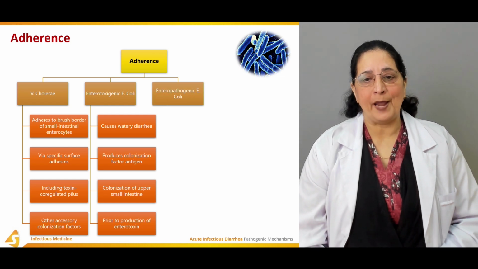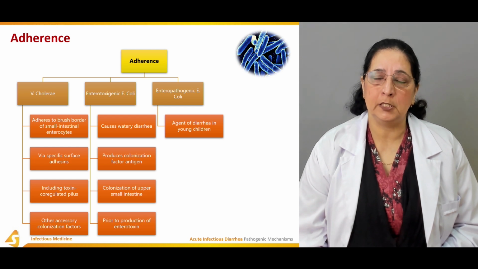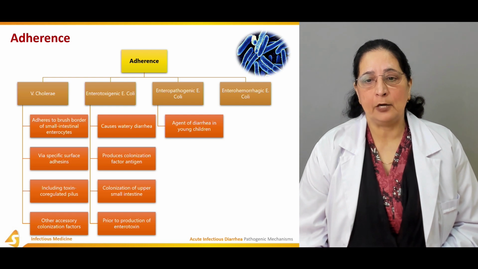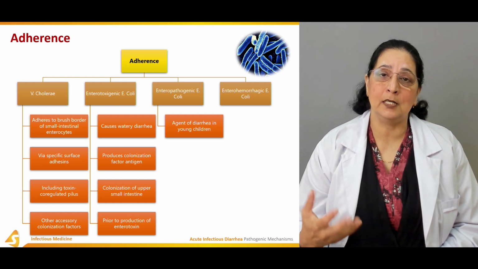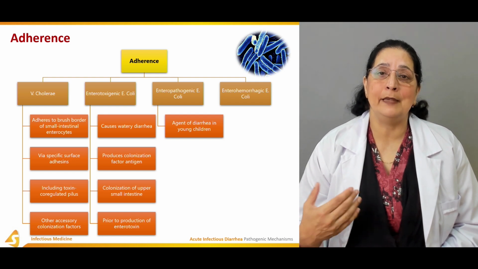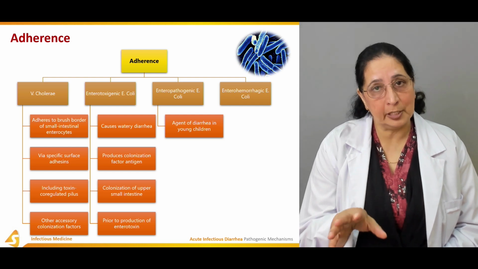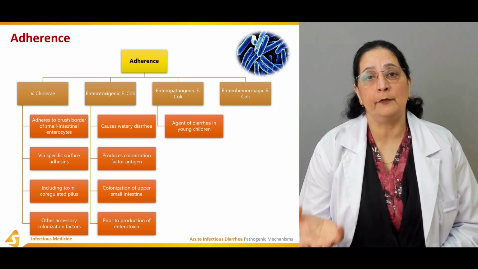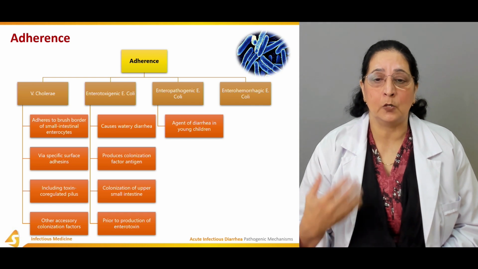Then enteropathogenic E. coli is responsible for causing diarrhea in young children. Enterohemorrhagic: you can see some of these microorganisms' names are self-explanatory. Enterotoxigenic, enterohemorrhagic. In hemorrhagic, hemorrhage is there, and blood and blood cells come out.